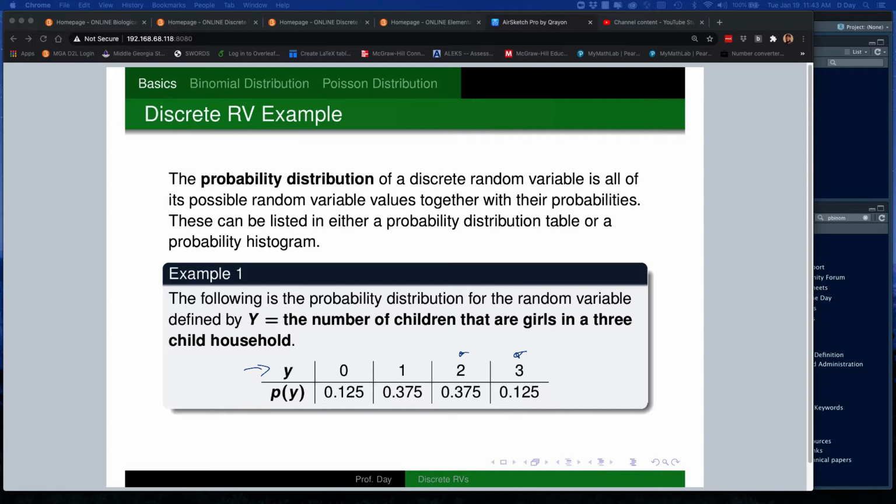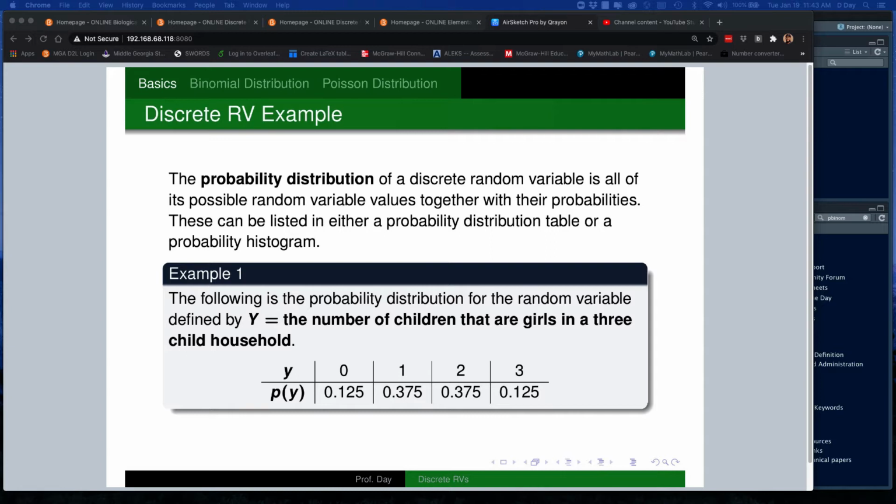So we've got that there, and then below we have the probabilities listed out. That's 0.125, 0.375, 0.375, and 0.125. And don't worry, I'm not going to have you do a lot of this kind of thing in this course. If you weren't strong with probability to begin with, I won't make you do things like this in this class. But I just want to go over what these things are.